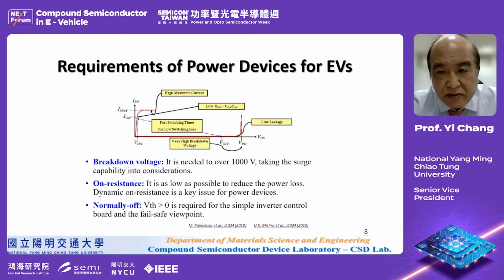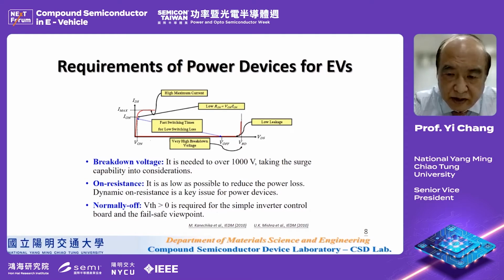For the power device requirements for EV, usually we need a high breakdown voltage, more than 1,000 volts, and we need low on-resistance because it will reduce the power loss. We need normally off with a threshold voltage higher than 0, for safety reasons and also for simple inverter control board design.